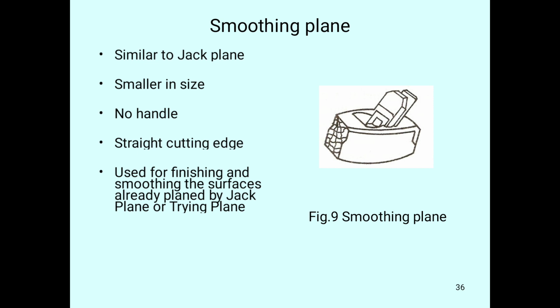Simply we can say that after the smoothing and finishing operation is performed by the jack plane or trying plane, then for further finishing and smoothing, we prefer the smoothing plane.